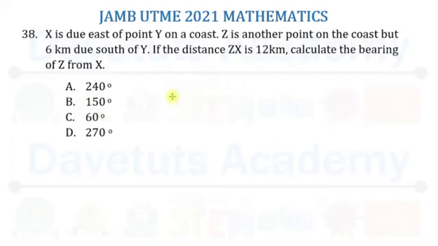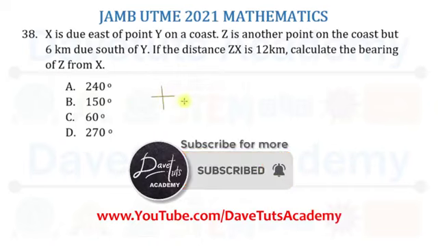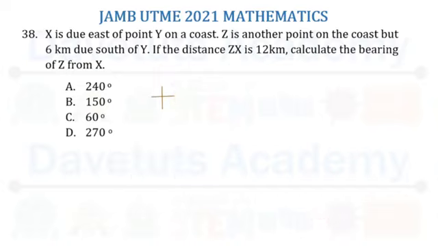So we have this question on bearing and distance in trigonometry, in which we are told that point X is due east of point Y on a coast. So we are taking the origin from point Y, this point in which you have north, south, east, and west.